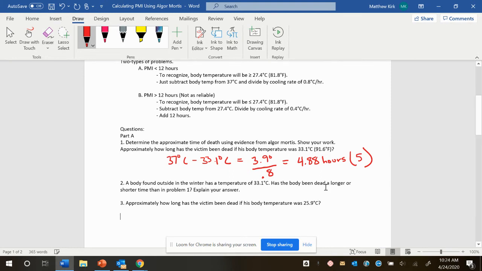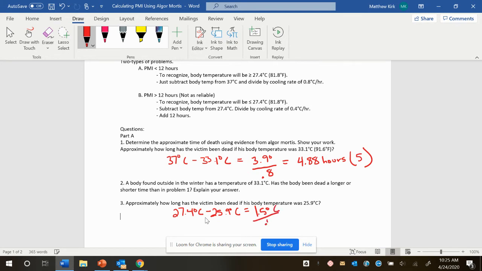Okay, so I'm going to figure out how much more it's been since 12 hours. So what we do, again, it's kind of similar, but now I'm going to use that 27.4 degrees, because that's about the temperature at 12 hours. And I'm going to subtract my measured temperature of 25.9 degrees Celsius. So again, if the temperature is under 27.4, I subtract it from 27.4. And I get 1.5 degrees Celsius. That's how much my body's cooled.